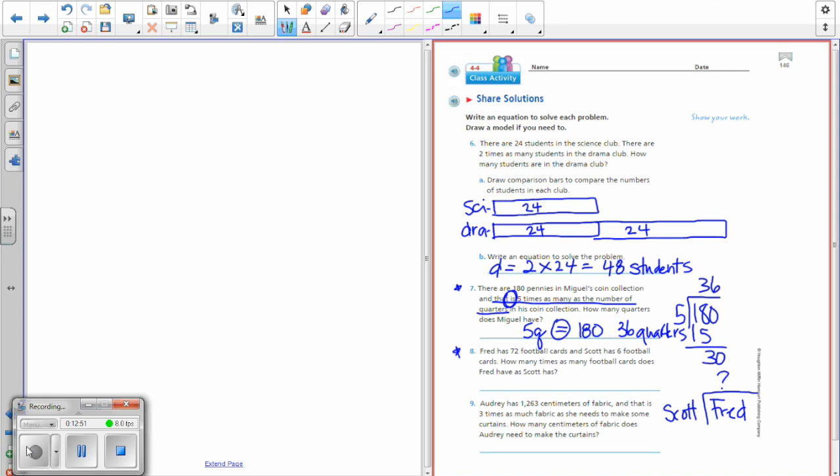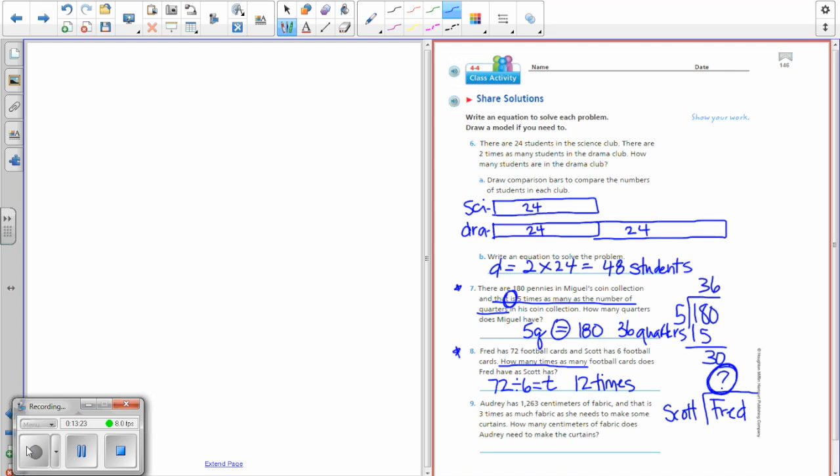Well, if I do a division problem where I divide Fred's cards by what Scott has, I'm going to find out how many times more that is. So I might set up my equation as 72 divided by 6 equals what, how many times. So there's 12 times as many cards.